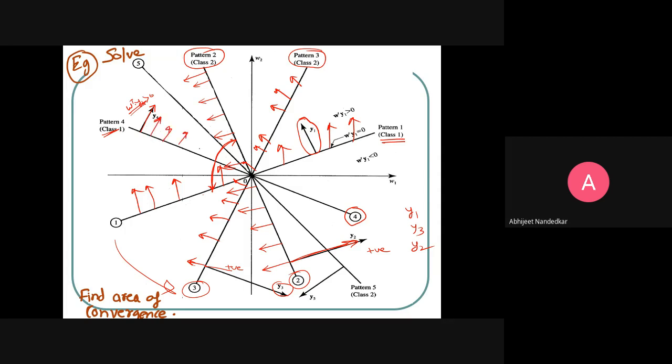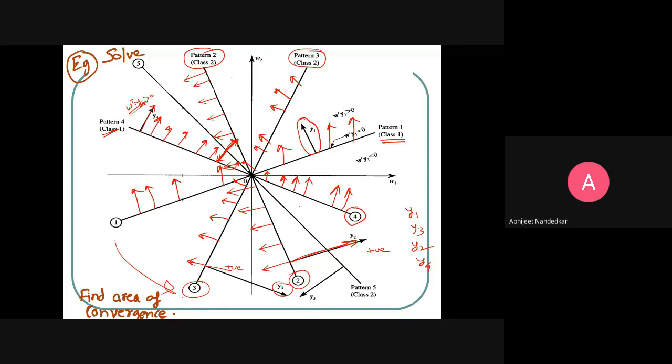This is the positive zone of the line, so I should move my weights in this direction. So this zone is further squeezed from this point to this point. Your weight must be in this cone so that y1, y2, y3, y4, all of them are satisfied.